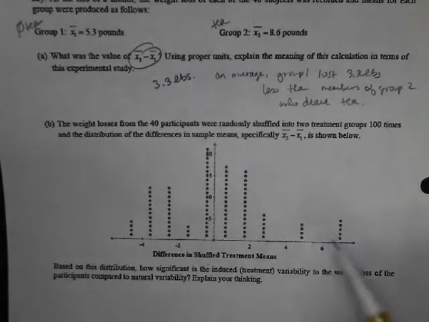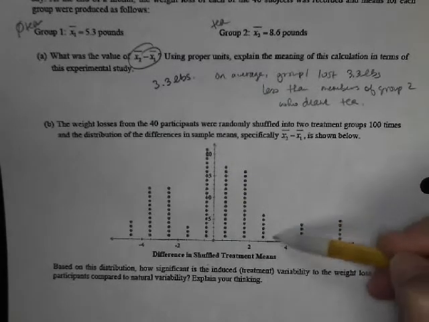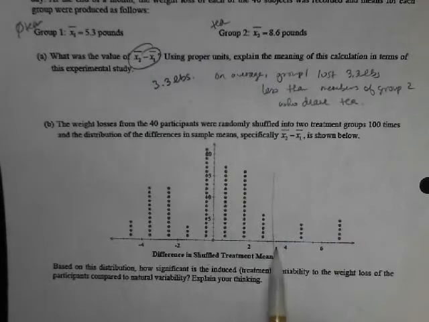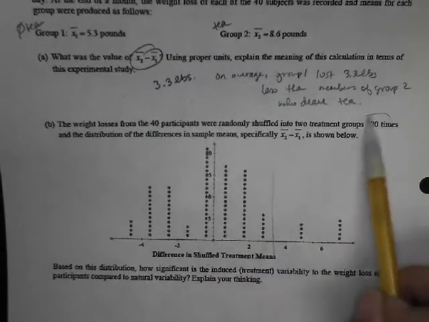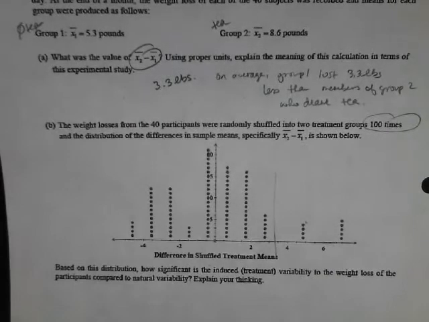And so 3.3, here's 3, here's 3.5. So 3.3 is right around this spot. So of our, how many simulations? 100. 1, 2, 3, 4, 5, 6, 7, 8, 9. 9% of the time, it did happen that there was a weight difference of 3.3 pounds or more, simply due to chance.